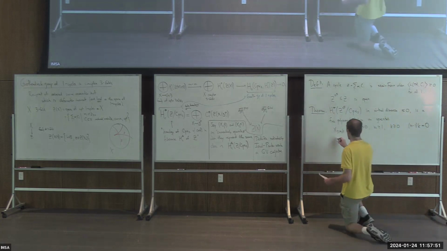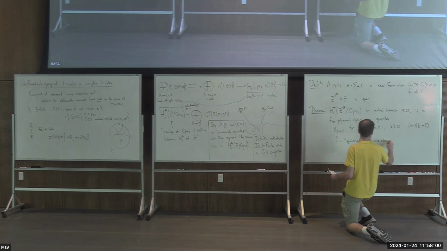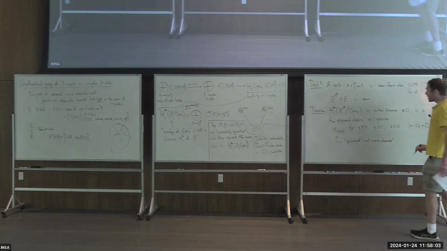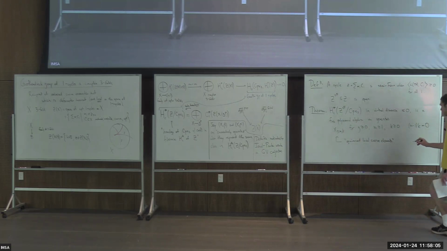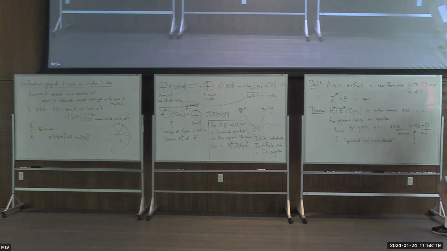And these are called local curve elements. The reason is that if I have a so-called local curve, that just means a rank 2 vector bundle over a curve. So that's a threefold.